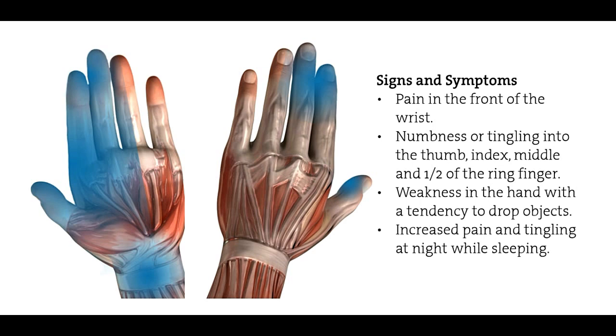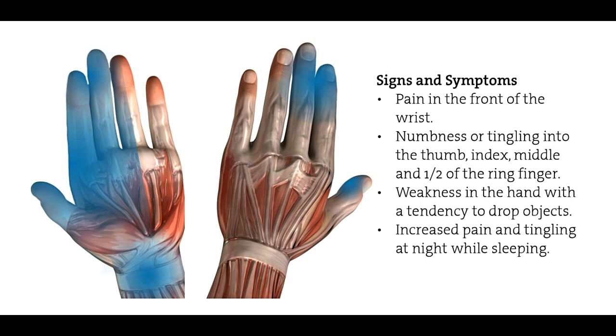Now, when the median nerve is affected by the compression in the carpal tunnel, the first symptoms usually are sensory symptoms, in which patients can complain of tingling, burning, pins and needles, or numbness.